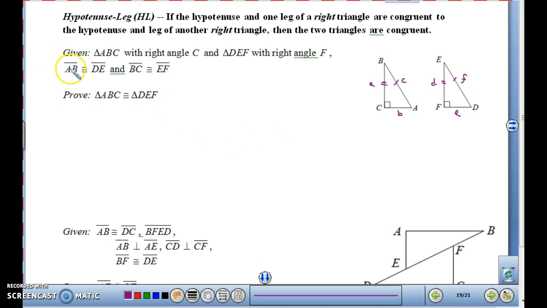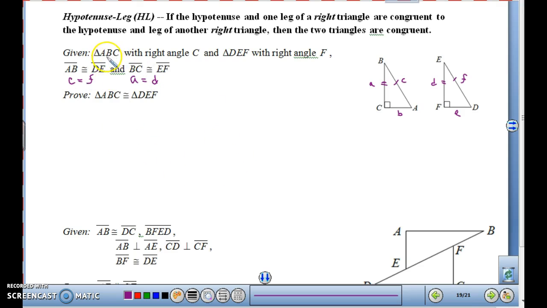So that actually means AB is congruent to DE means that c is equal to f, that's the hypotenuse, and BC is equal to EF means BC is side a, is going to be equal to EF, which is side d. Okay, so that's just equivalent, just for working sake.